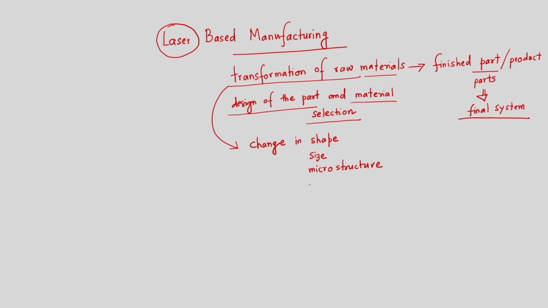Then there is a change or modifications in the mechanical properties. So, modification in mechanical properties as well as we can say thermal properties. So, both the properties are modified or changed during the process of transformation.